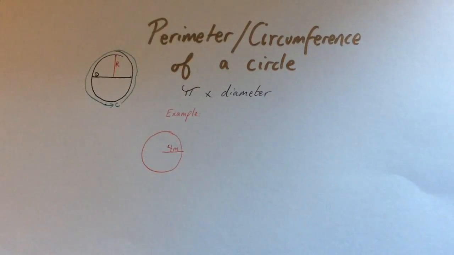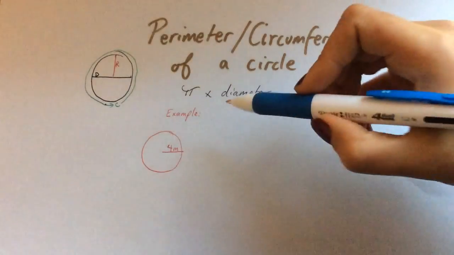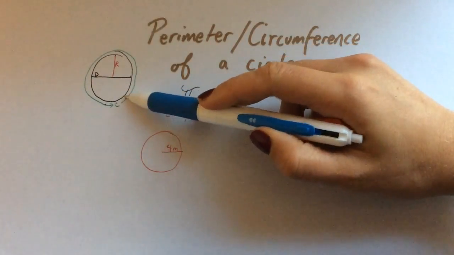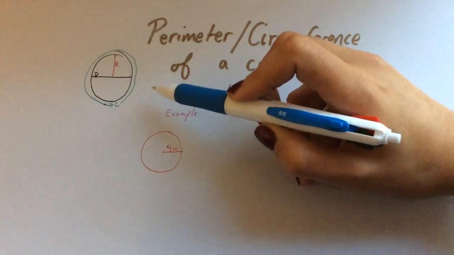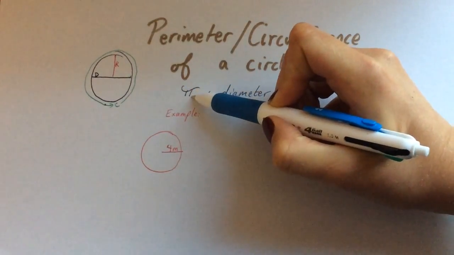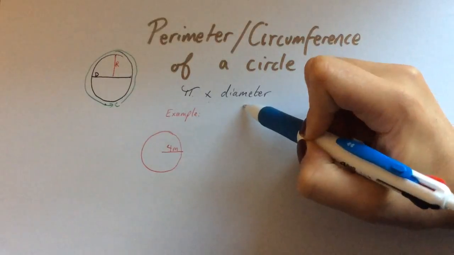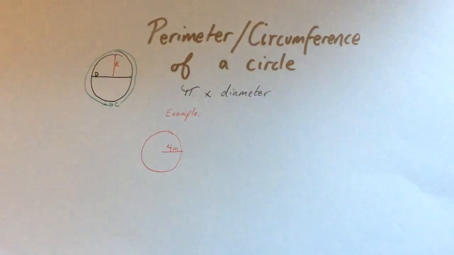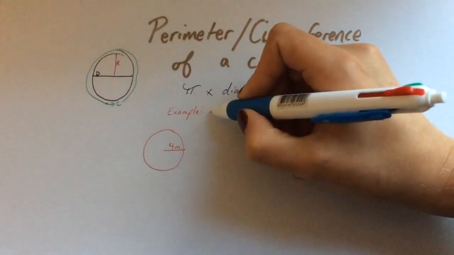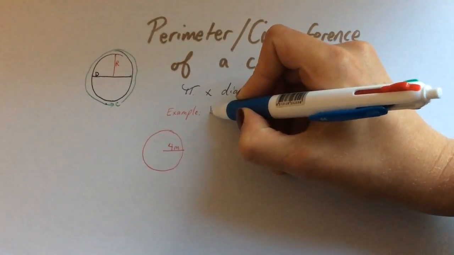The formula that we use to figure out our perimeter or our circumference of a circle is this: pi multiplied by the diameter. If you're not sure what pi is, then I recommend that you go and watch our video all about pi and what it means in maths, and then come back to this video.